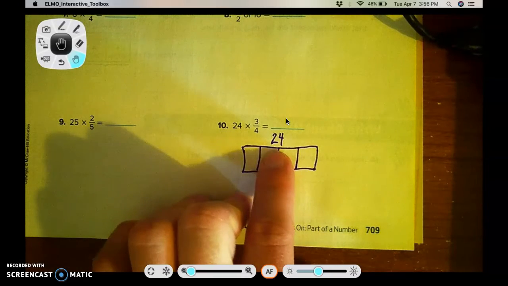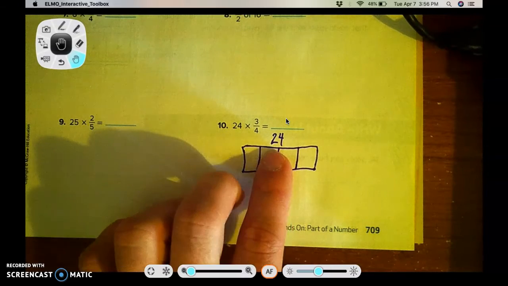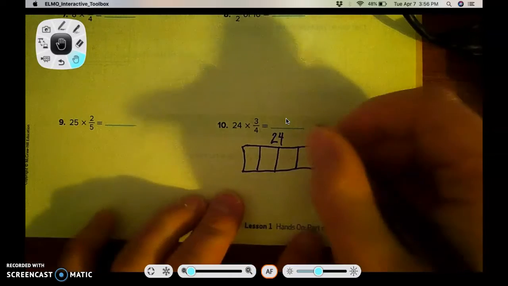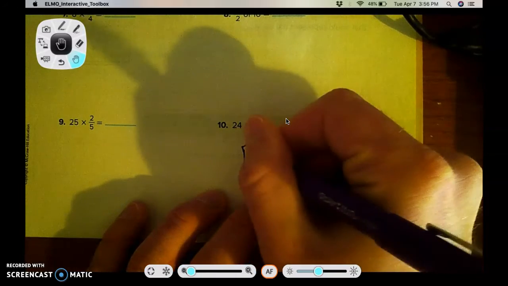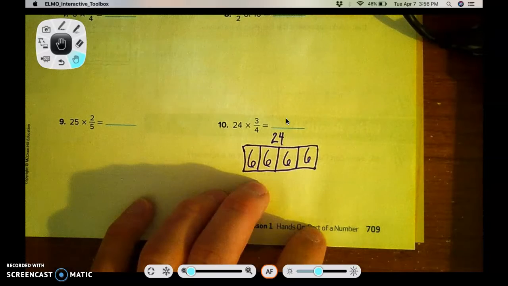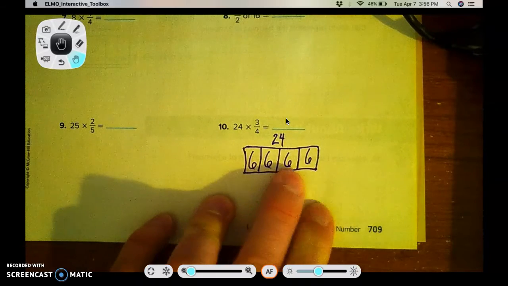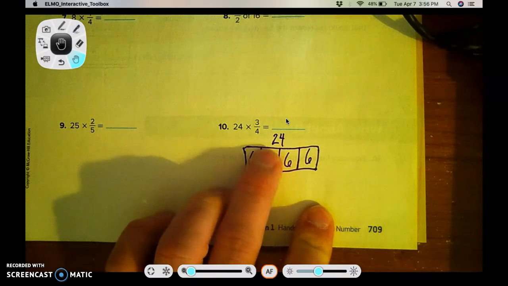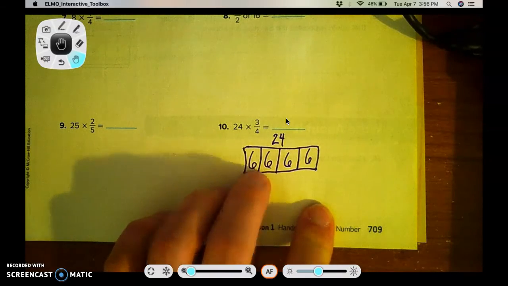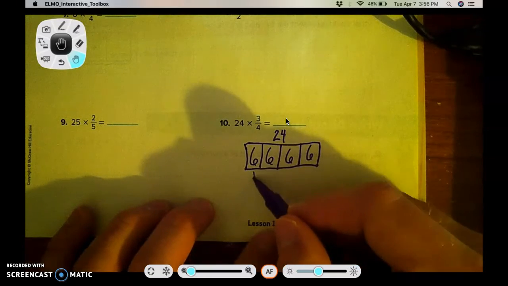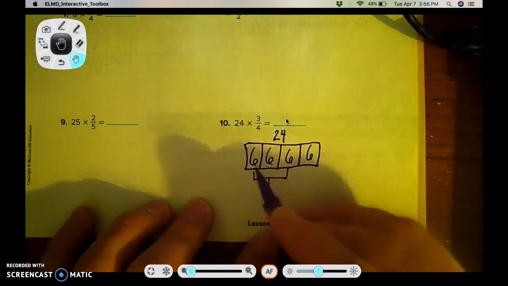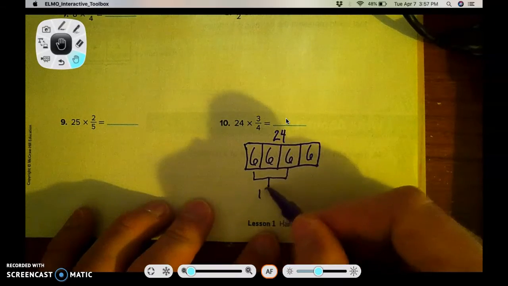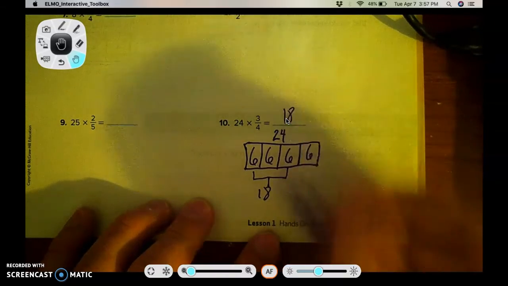If I take 24 and break it into 4 equal parts, or 24 divided by 4, I get 6. 12, 18, 24. So each fourth is going to be worth 6 because 24 divided by 4 is 6. And they want to know how much 3 of those fourths are. So 3 of those together is going to be 6, 12, 18, for a final answer of 18.